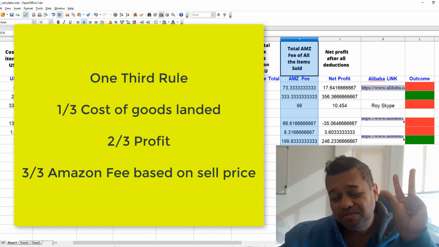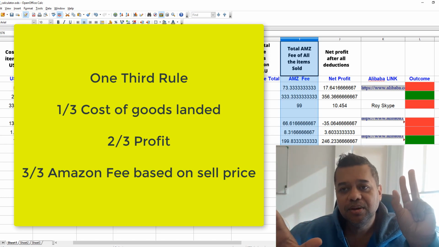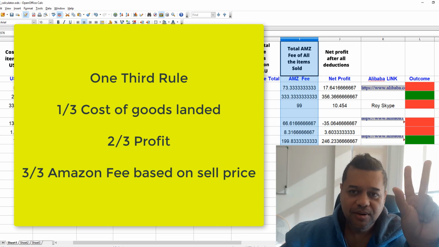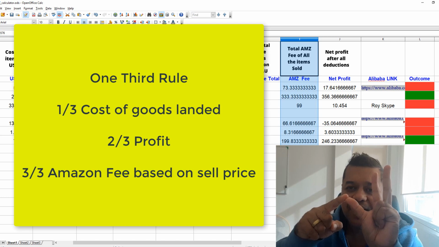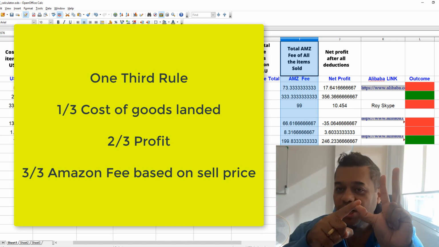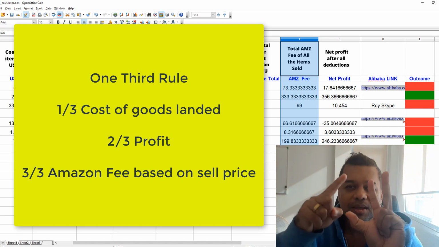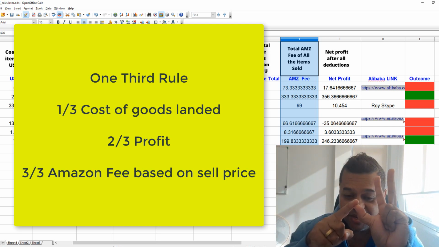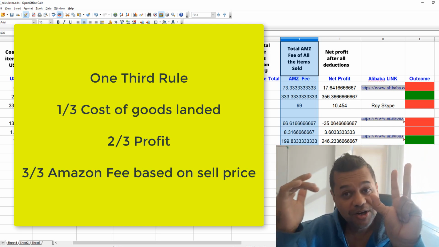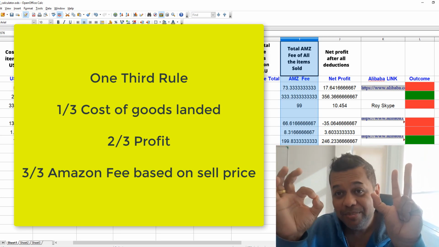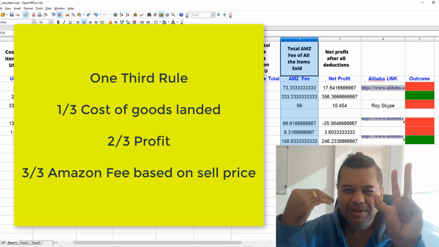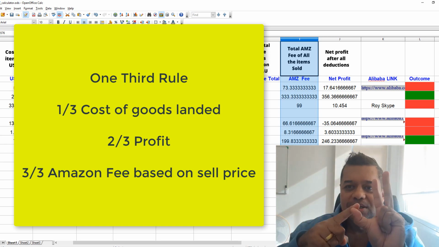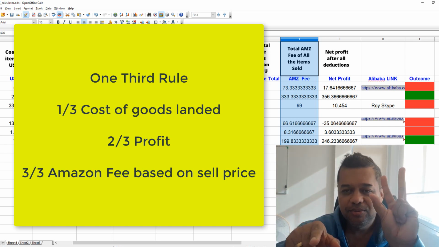It's a really, really simple equation: 3. Product, landed, and shipping, what it costs you to get to Amazon. If it's $1 to buy, you've got to be able to sell it for $3 minimum. If you don't sell it for $3, you're going to be at a loss, or on very small margins. That's how you figure it out. The 3 in 1 rule.